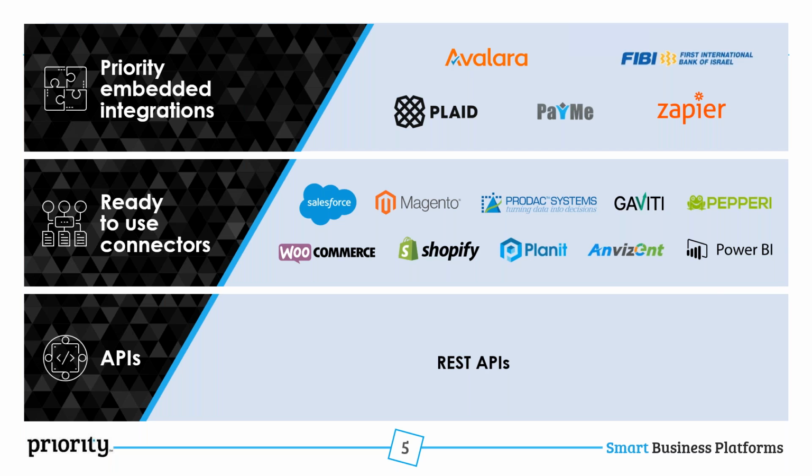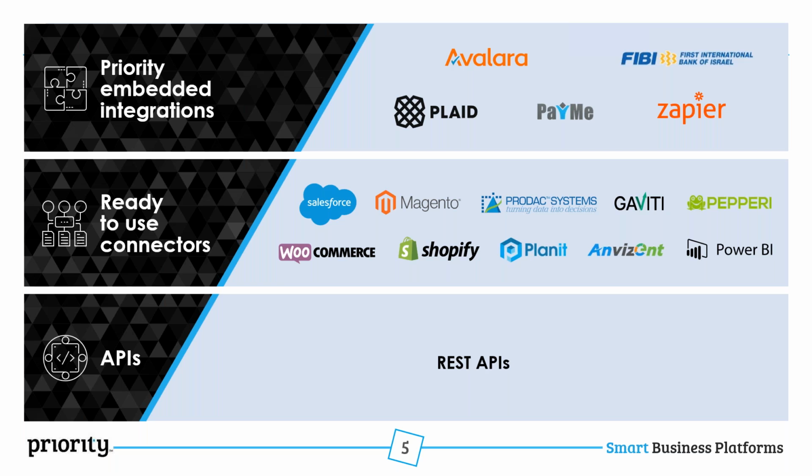Here in Priority, we understand the major importance of connectivity between Priority and other platforms, and Priority REST API was developed to support the increasing demand for this connectivity. During the last few versions, we have been working on new functionality, and we have developed a few out-of-the-box integrations between Priority and other systems, such as digital banking integration.